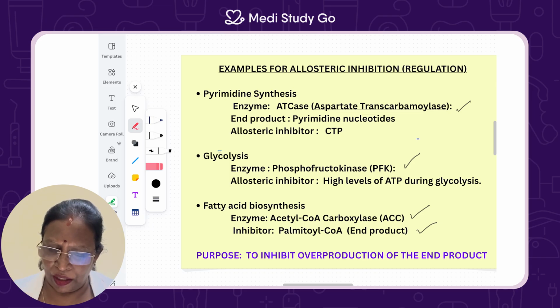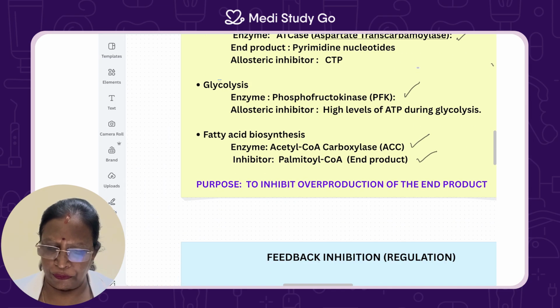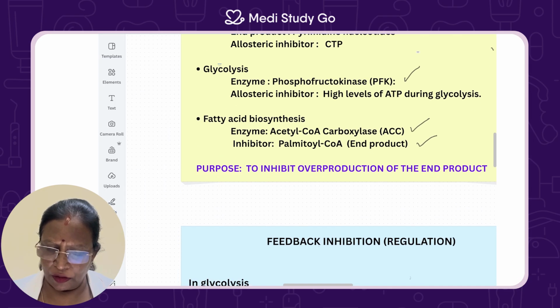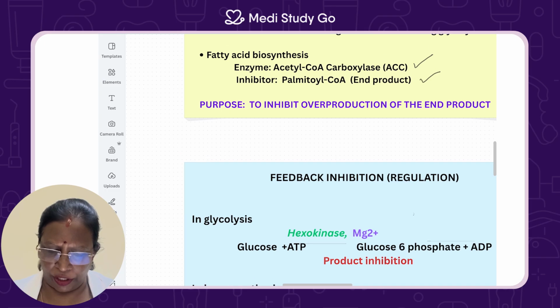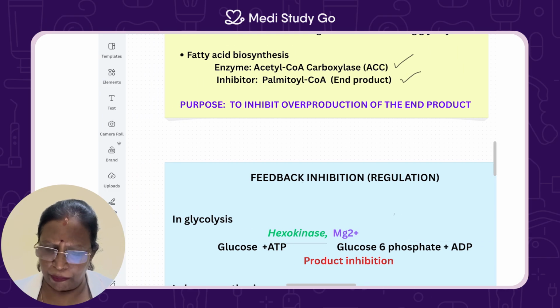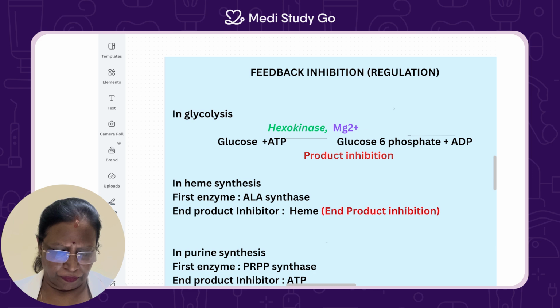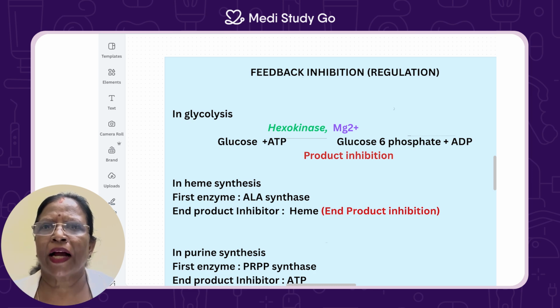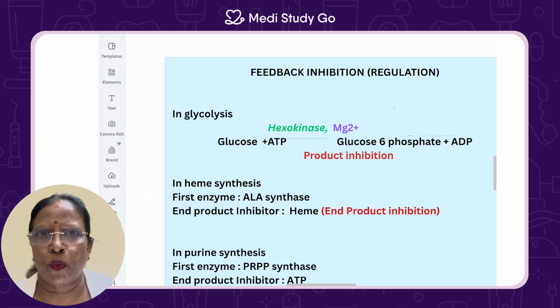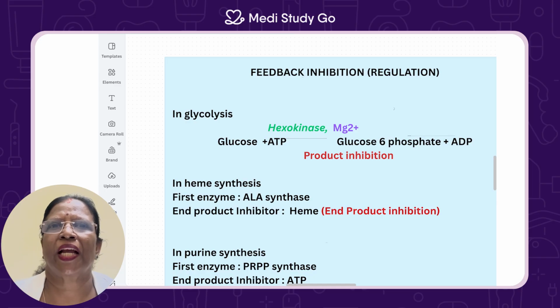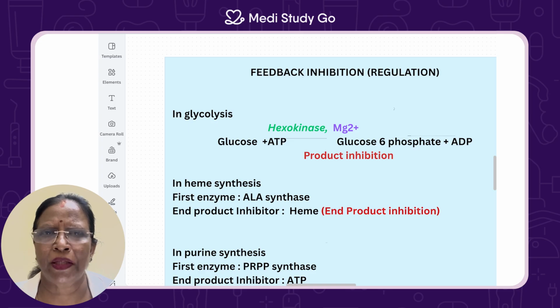Let's move on to the third type of reversible inhibition, that is feedback inhibition, or it can also be called feedback regulation. So in feedback regulation or feedback inhibition, something from the pathway itself is going to inhibit the enzyme. For example, glucose gets converted to glucose 6-phosphate in the first step of glycolysis.